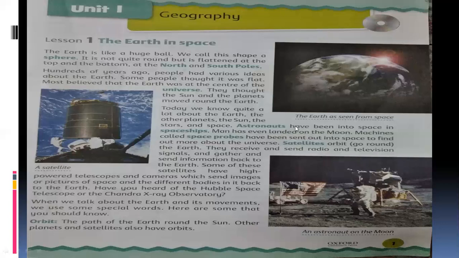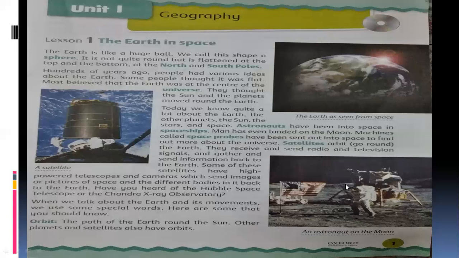Astronauts, you know astronauts, those who go into space and study over there and get information about the universe and send it back to the earth, have been into space in spaceships. Man has even landed on the moon. Students, have you studied that once?